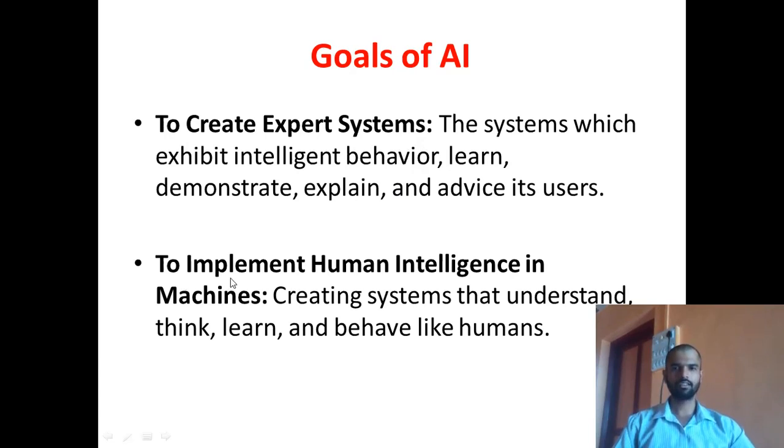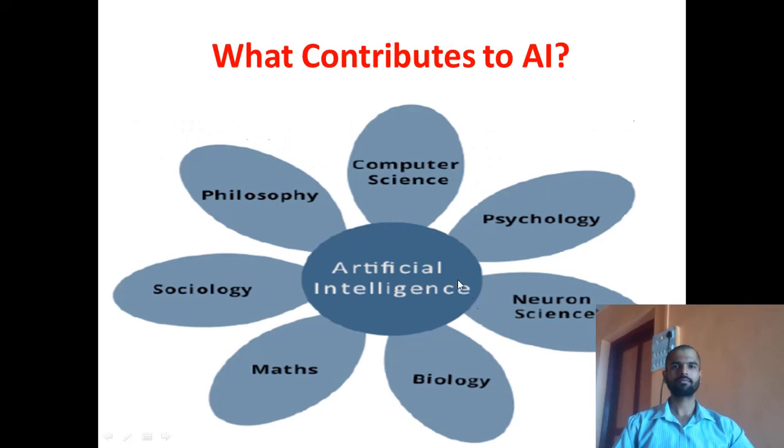Another example is the human robot. Okay, the robots which can act like a human. So we can make robots with artificial intelligence, and this is the second goal, which will be achieved by creating robotic systems that understand, think, learn and behave like humans.